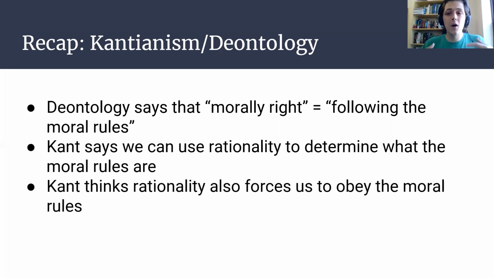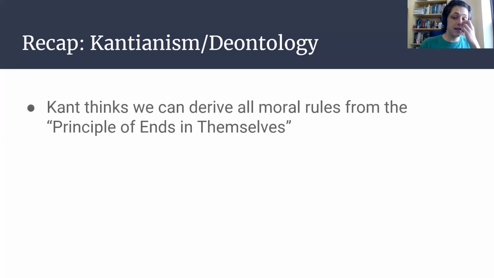Thinking logically, we'll be able to discover the moral rules, and then our rationality will force us to obey those moral rules. Behaving rationally requires behaving morally and obeying these moral rules for Kant.